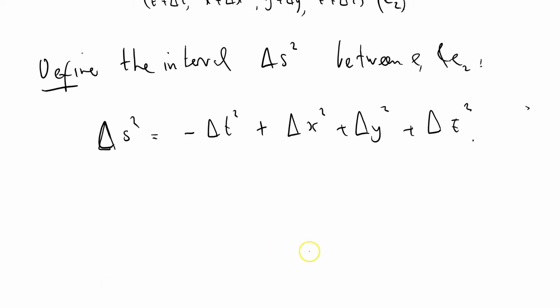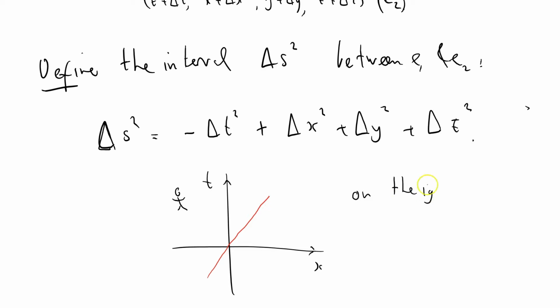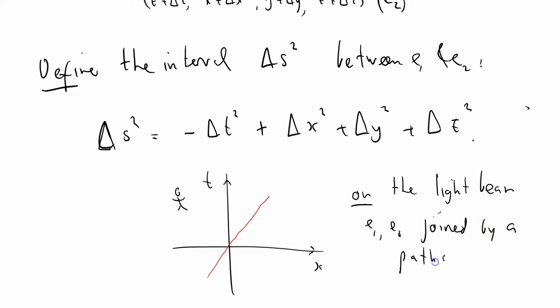But for the moment, what I want to observe is that if I set up my coordinate system x and t, and I draw a light beam going along there, then along the light beam, when I say on, I mean E1 and E2 are joined by a light path, by a path of a photon, I guess.